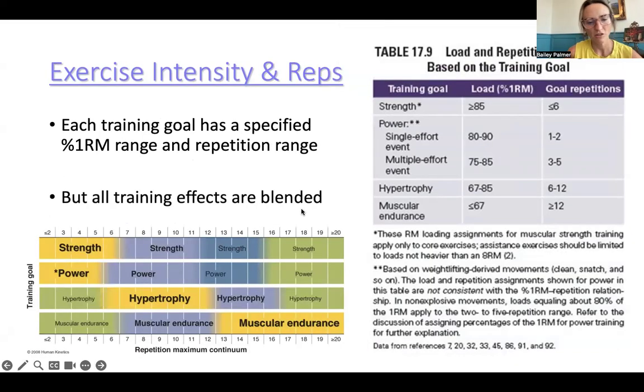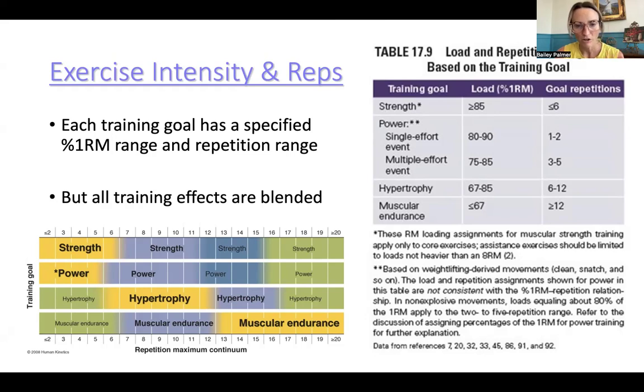But what we also want to understand is that there's repetitions and percent 1 RM for each of those training goals that we learned a second ago. If we look at this colored training chart, it basically says that all the effects of each training goal are actually blended together. But when we do use a certain repetition range, we are aiming for a certain outcome. If we're doing a repetition range that's 6 or less, it usually says the weight's really heavy, and so that's going to be some sort of strength or power focus.